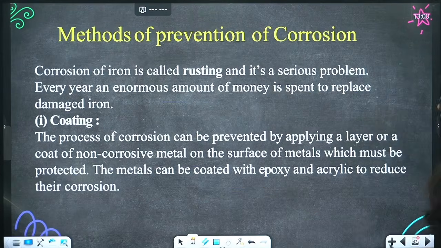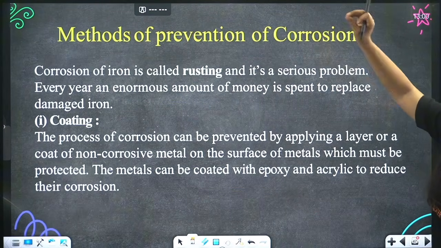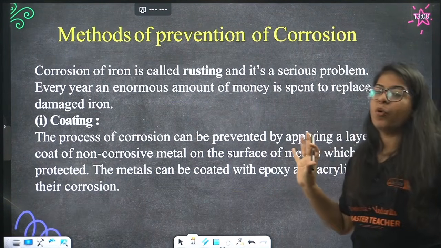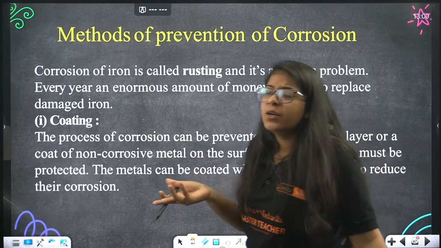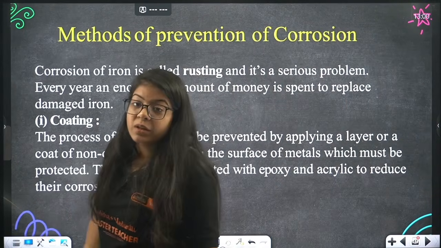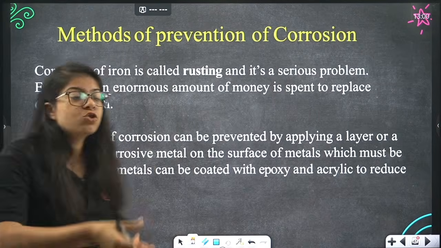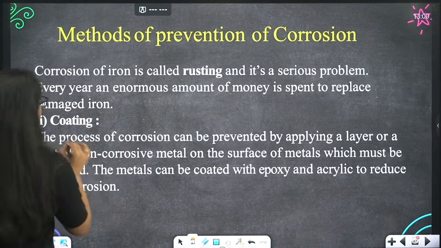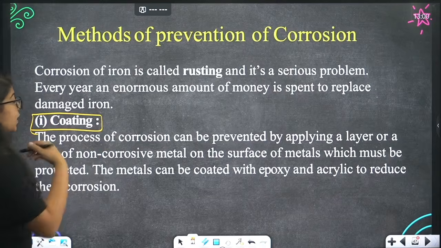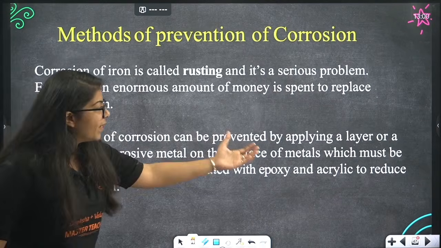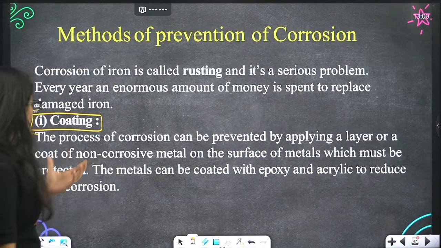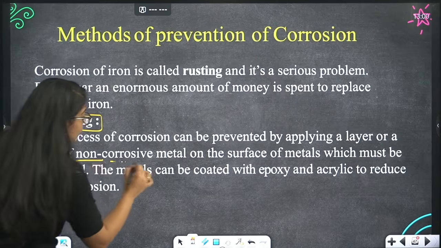Okay. Now, how to prevent corrosion is our main point. What's the point of reading about corrosion if we don't correct it, right? So what are the methods to prevent corrosion? One of the main ones, beta, is coating. The process of corrosion can be prevented by applying a layer or coat of non-corrosive metal.